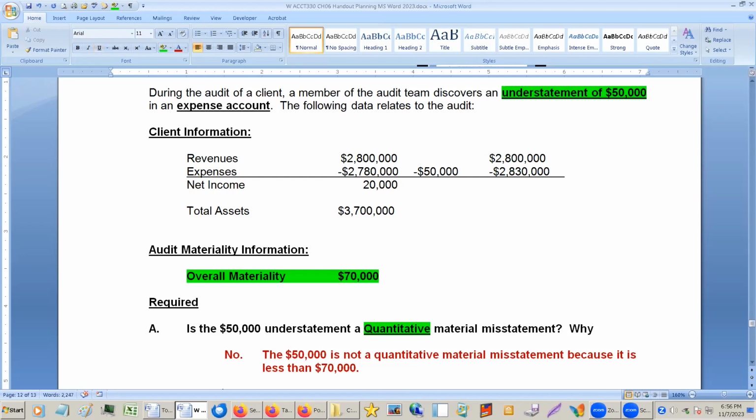So the net income would actually be a loss. Let's put dollar signs in front of those, just for kicks.